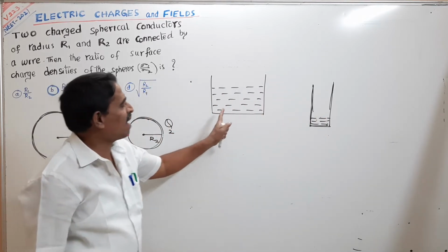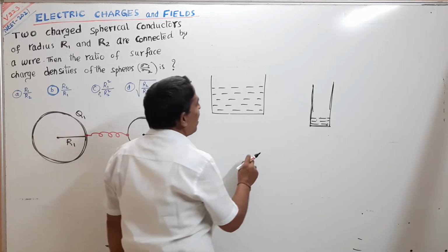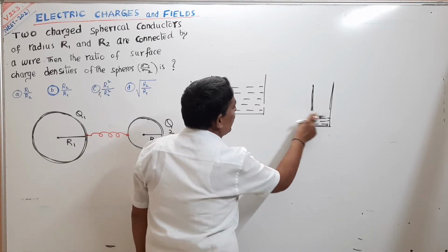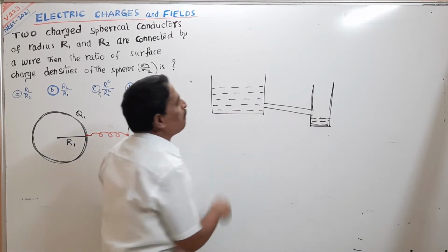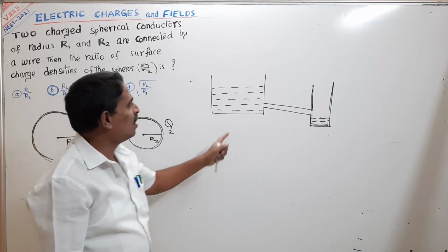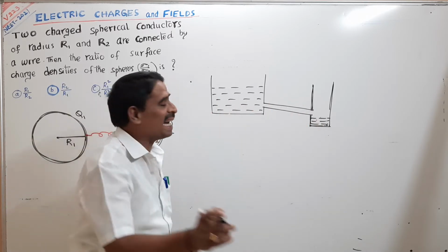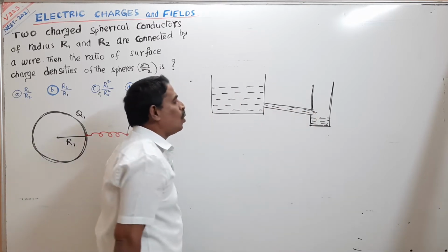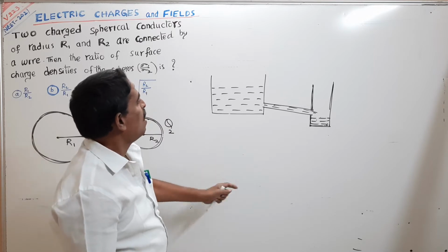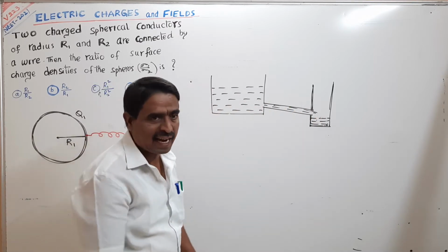Here there are two water tanks. They are connected by a pipe. When two water tanks are connected by a pipe, water flows from one tank to the other water tank.